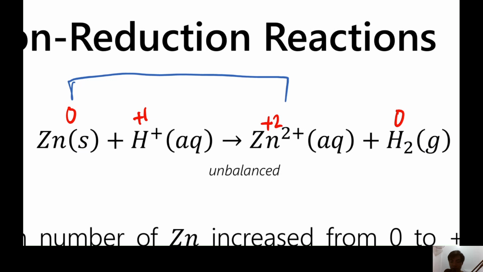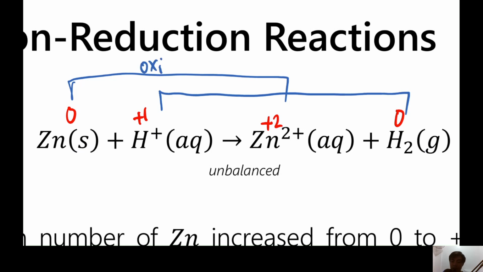Okay. So, let's check what happened to zinc and to hydrogen. I should have used other colors. In the reactant, zinc's oxidation number is 0. In the product, its charge is positive 2. So, it is clear that it underwent an oxidation reaction.